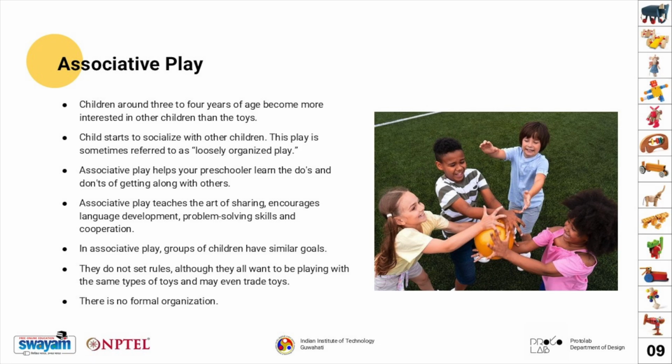They may be drawing together, trading toys, or building side by side while commenting on each other's work. However, there are still no fixed or structured rules. This play is fluid and informal. Children may all be playing with cars, but each child has their own story.